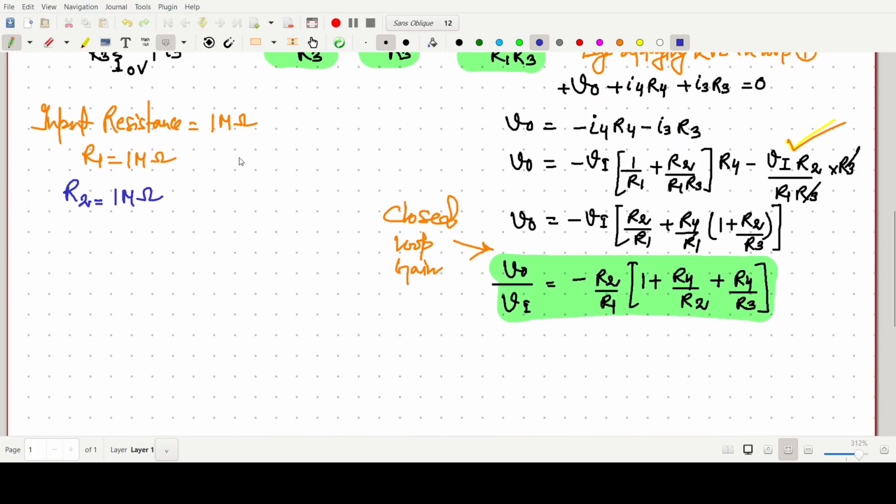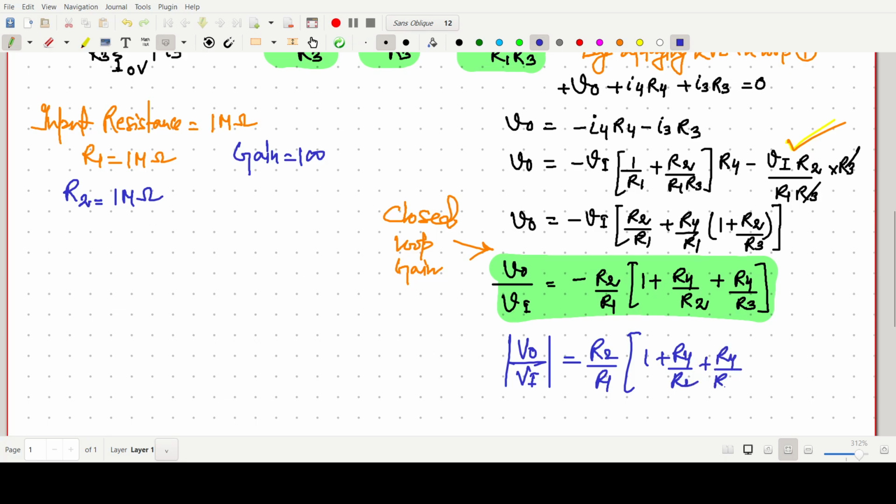We have to design for the gain of 100. So basically we are taking the magnitude. It should be R2 by R1, the same expression, but we remove the negative sign. So this value will be 100. For this R2 by R1, I am assuming 1 mega ohm.